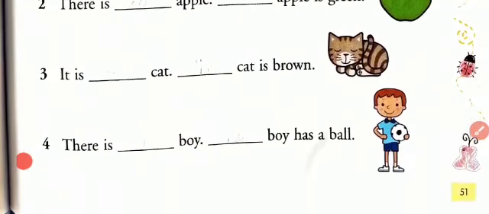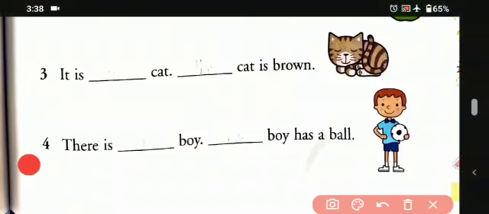Then the third one. It is a cat. Okay. So we'll be writing here like this. It is a cat. So the cat is brown. So that means we'll be using the here. The cat is brown because the cat is being denoted as brown.